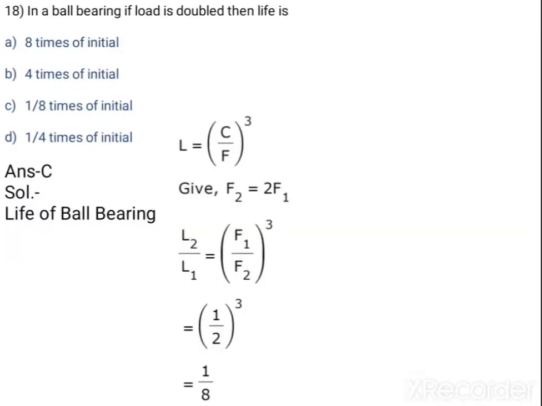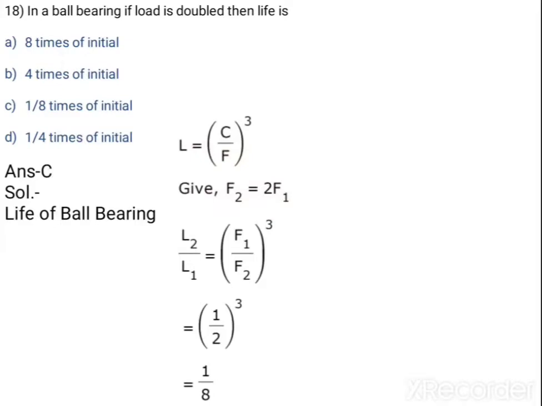Next question, question number 18. In a ball bearing, if load is doubled, then life is. The four options are given, and this question is from bearings. For bearings, we know the relationship P L raised to 1/3 is equal to constant, where P means force. So F L raised to 1/3 is equal to constant, and from that relationship we can derive L is equal to C by F raised to power 3. Here load is doubled, so F2 is equal to 2 times F1.